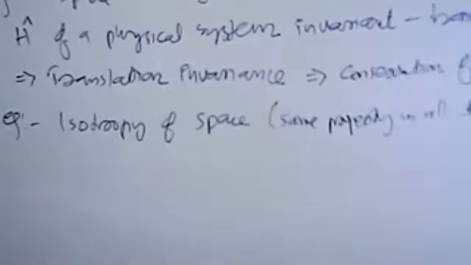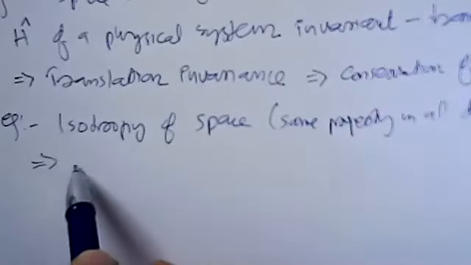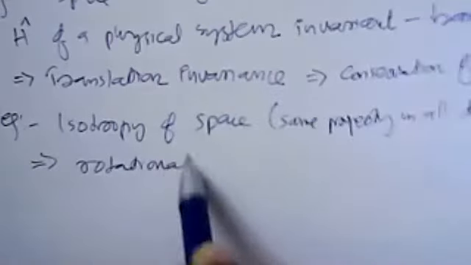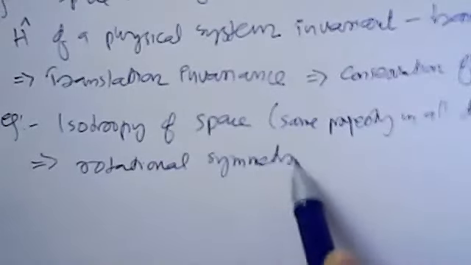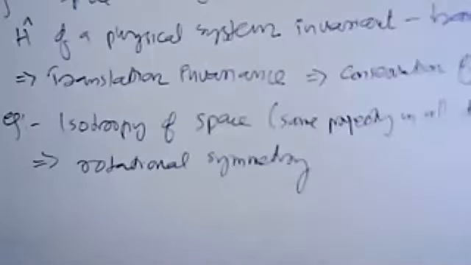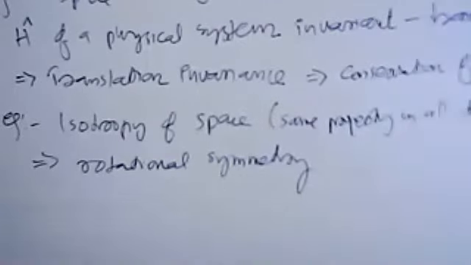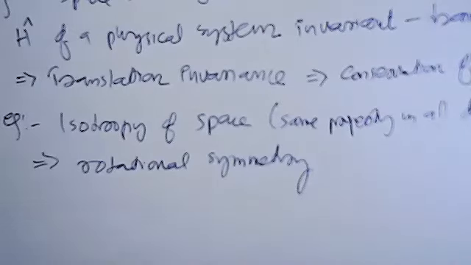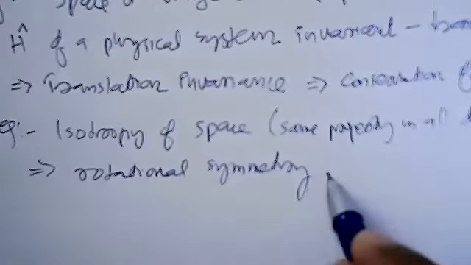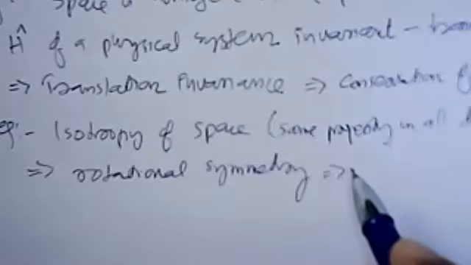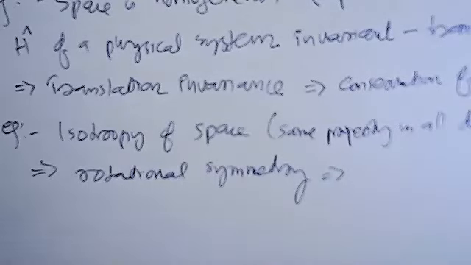So homogeneity of space leads to translation symmetry, and isotropy of space leads to rotational symmetry, and hence this implies conservation of angular momentum.